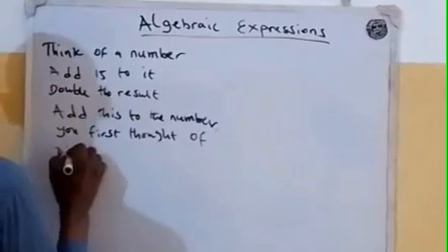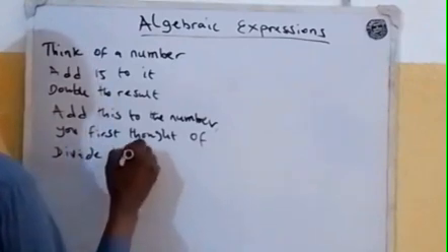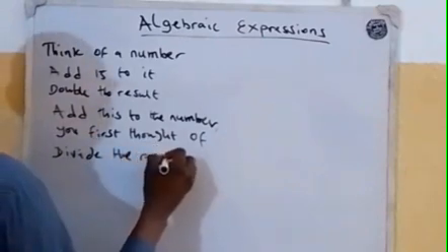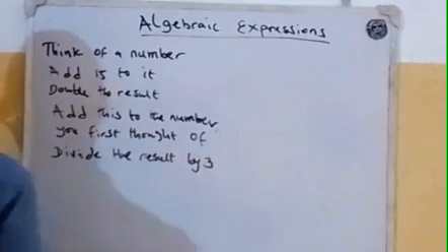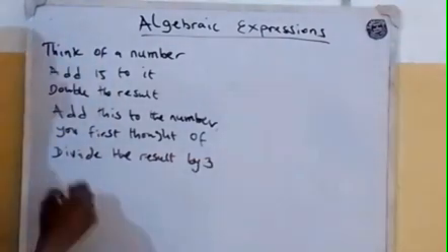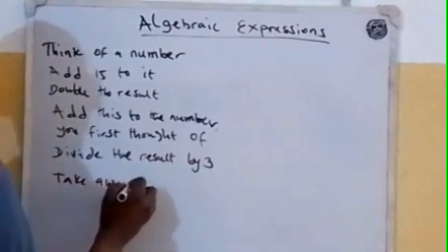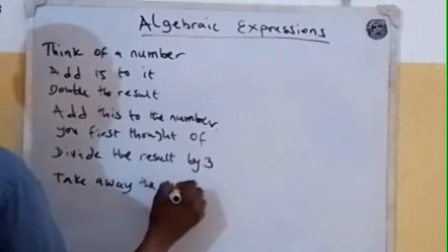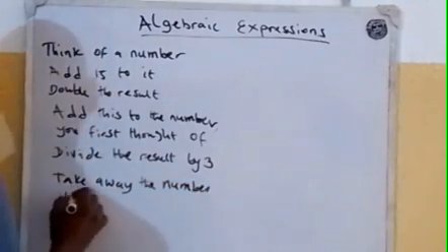Divide the results by 3. Okay? Take away the number you first thought of.